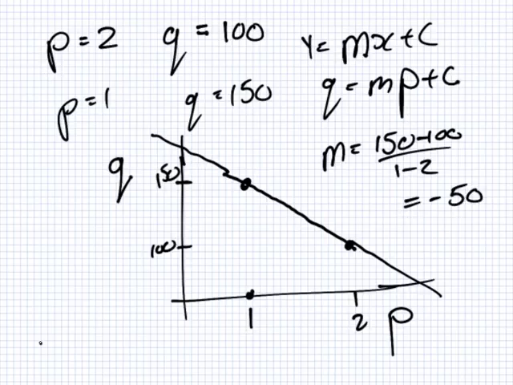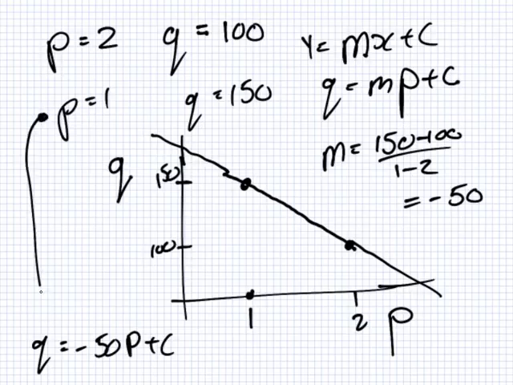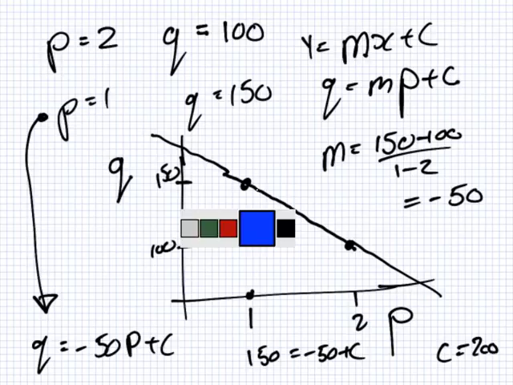So I have Q equals minus 50p plus c. How can I get the c? Use a point. Let's just use this point here: 150 equals minus 50 plus c. So c is 200. So I have my formula: Q equals minus 50p plus 200.